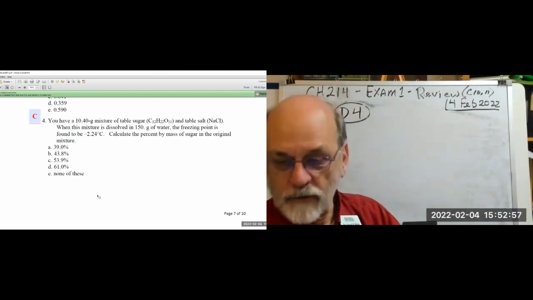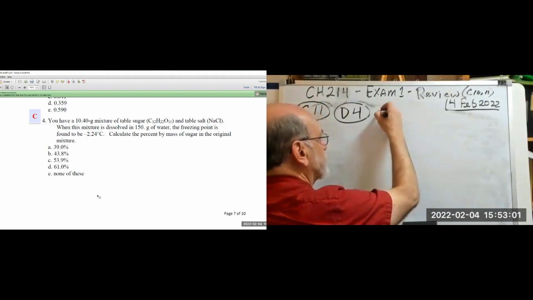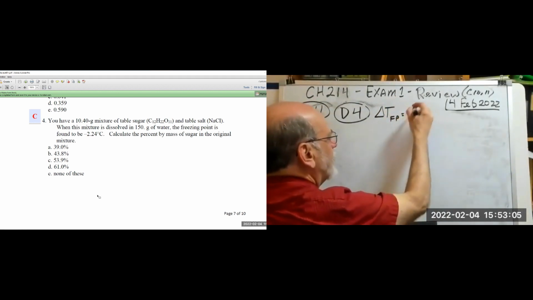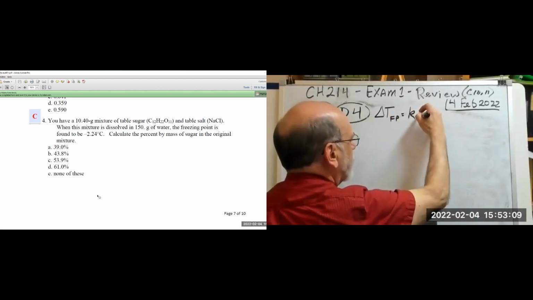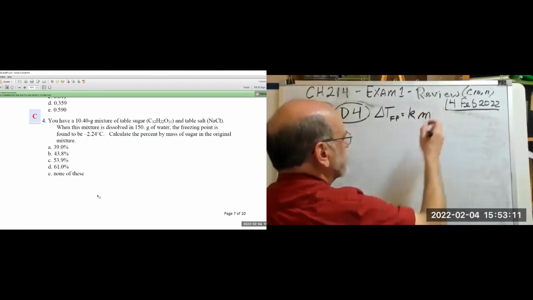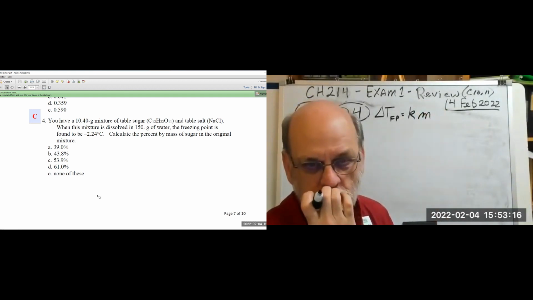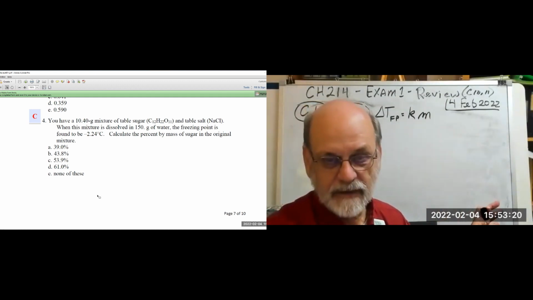What's the percent by mass of sugar in the original mixture? All right, so if we're talking about freezing point depression, that means we need this equation. Well, actually, it's going to be more complicated than that.